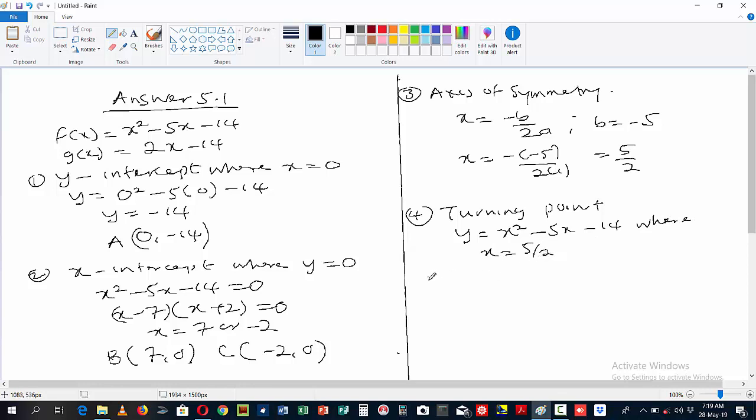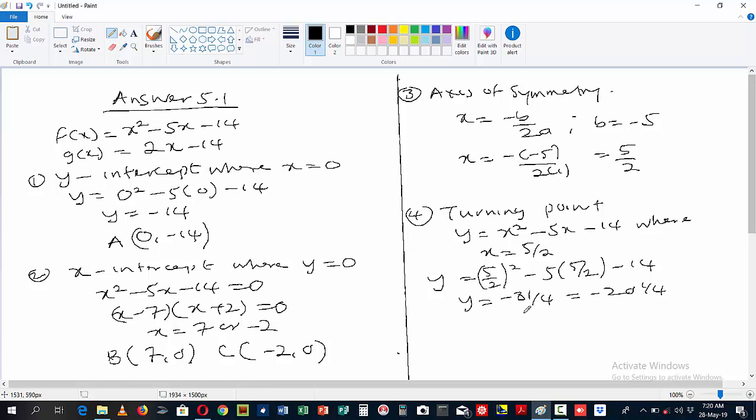Now we are going to have y equal to (5 over 2) squared minus 5 into 5 over 2 minus 14. When you use our calculator, we are going to have y equal to minus 81 over 4.